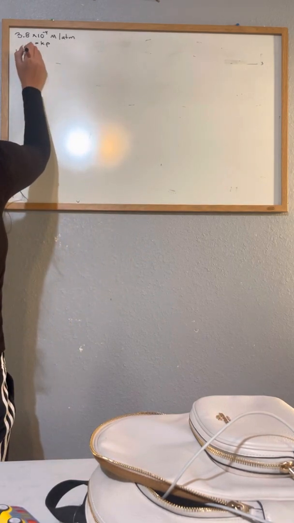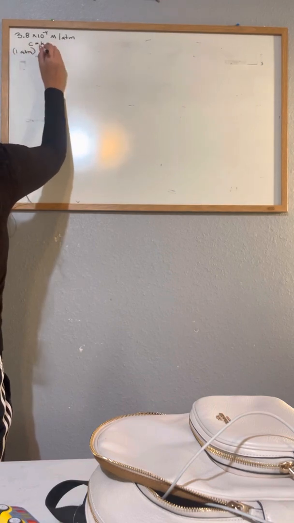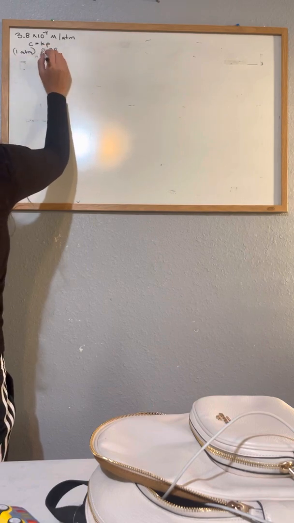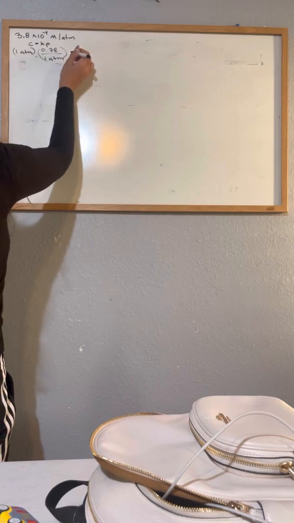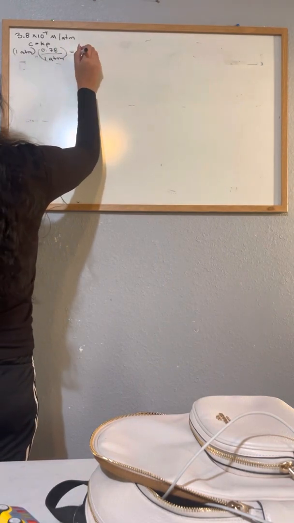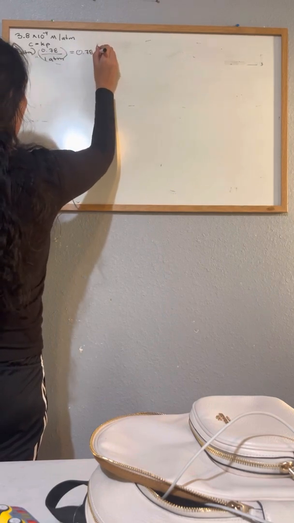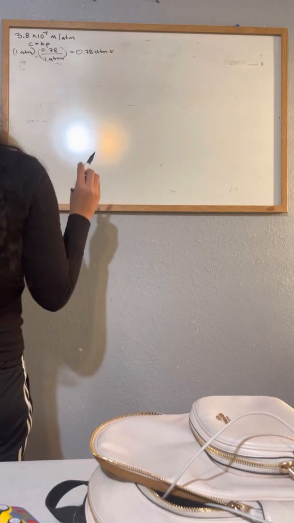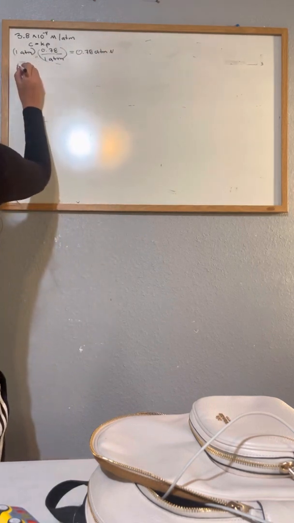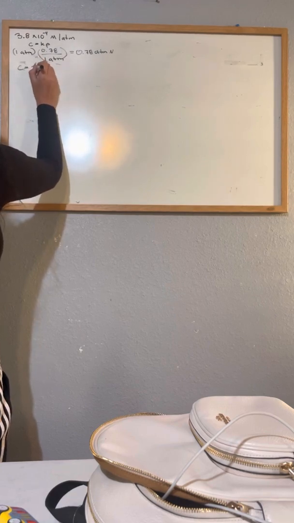So for each 1 atmospheric pressure, we know that there is 0.78 atmospheric pressures nitrogen. Throw the unit you don't want on the bottom.